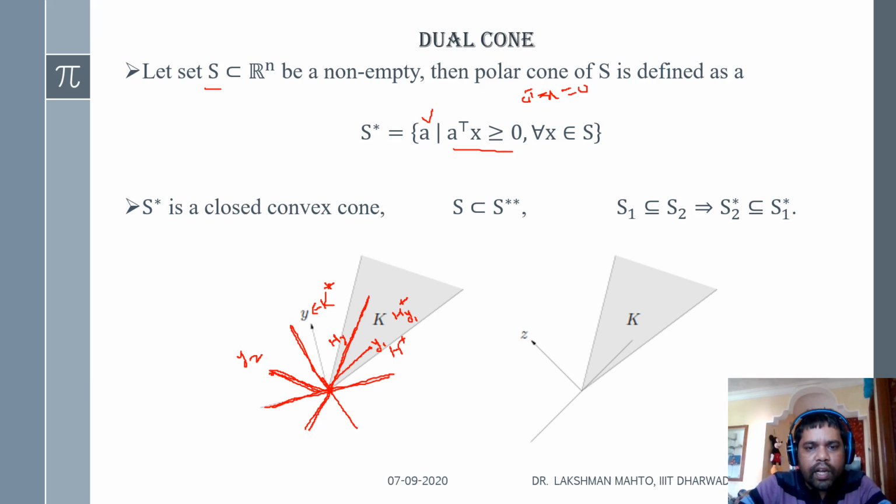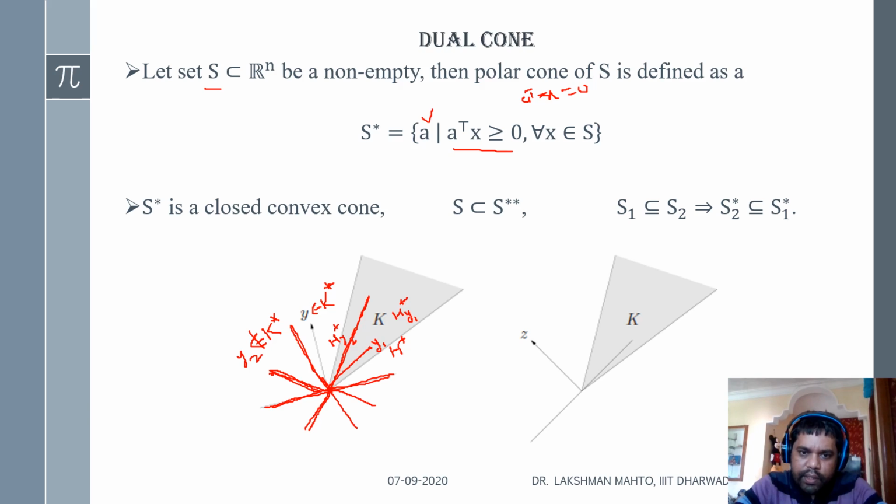This is the positive half space with respect to y2, and the positive half space doesn't contain K completely. It contains just part of K, and a few parts of K fall in the negative half space with respect to y2. That's why y2 doesn't belong to the dual cone of K.